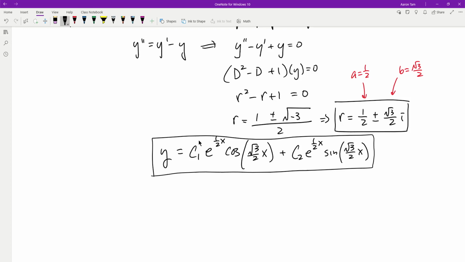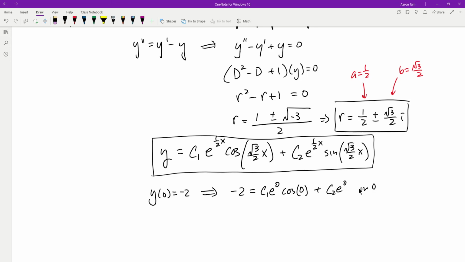Let's see. So my first initial condition is y of 0 equal to negative 2. So what that tells me is that we need negative 2 equal to C1 e to the 0 cosine of 0 plus C2 e to the 0 sine 0.